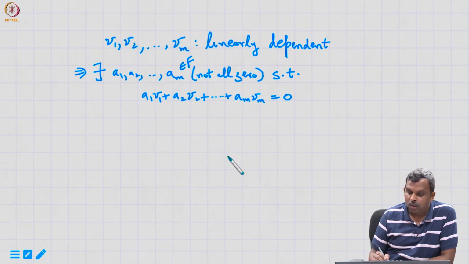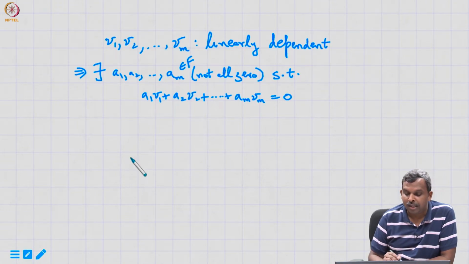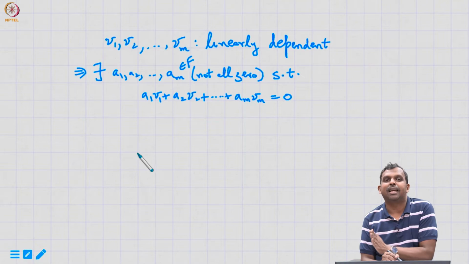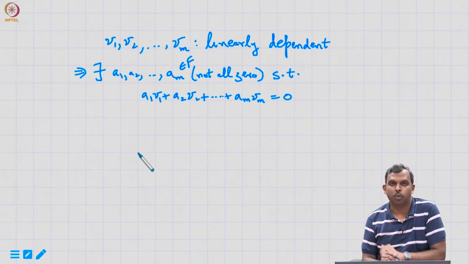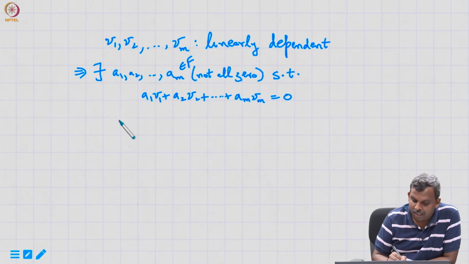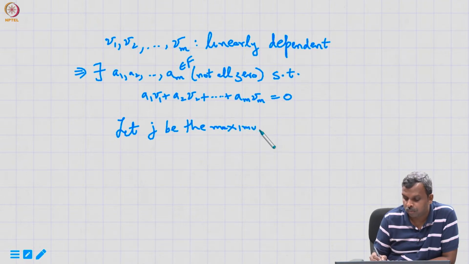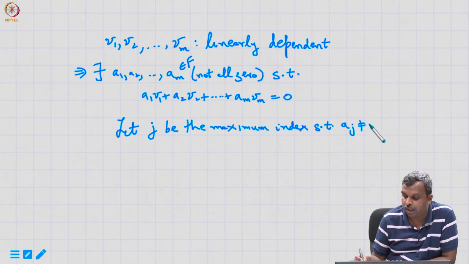Okay, so now among this a1 through am, there will be a maximum index element which is not 0. I will let j be that value. So let j be the maximum index such that aj is not equal to 0.